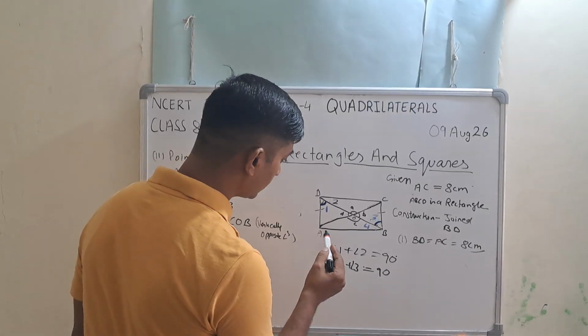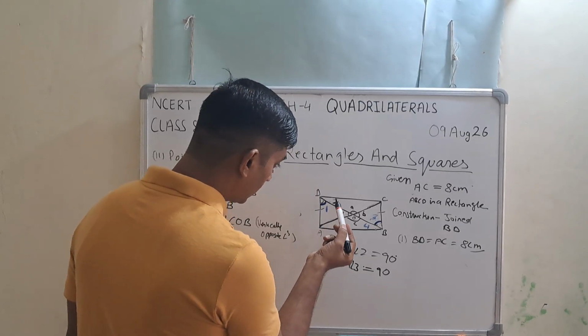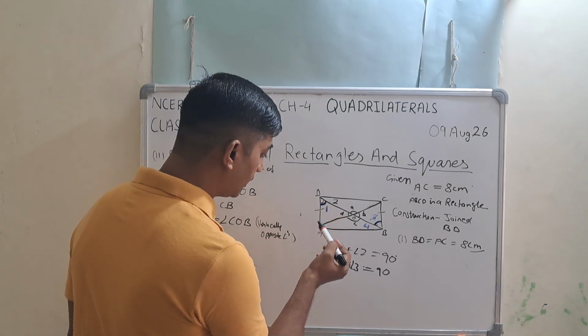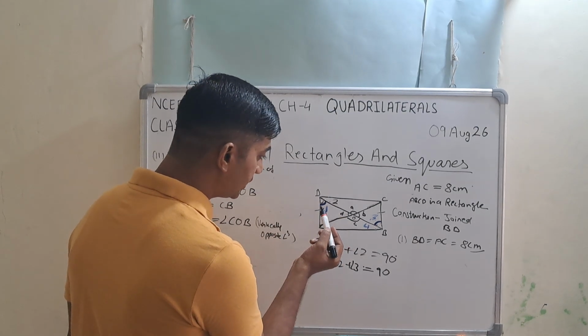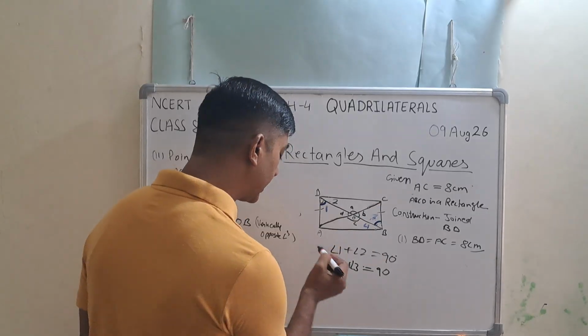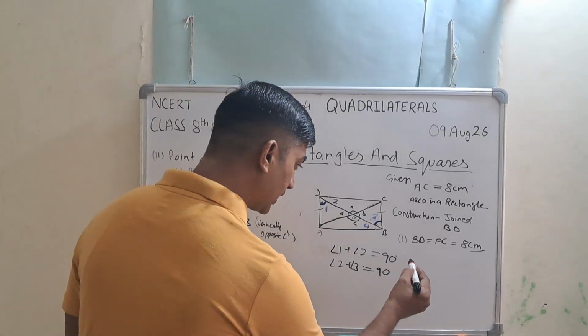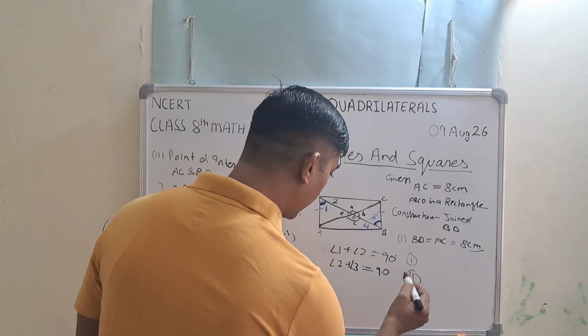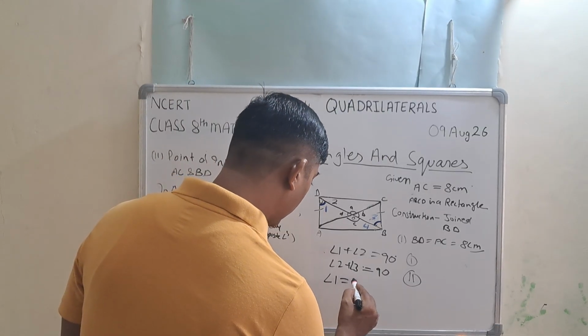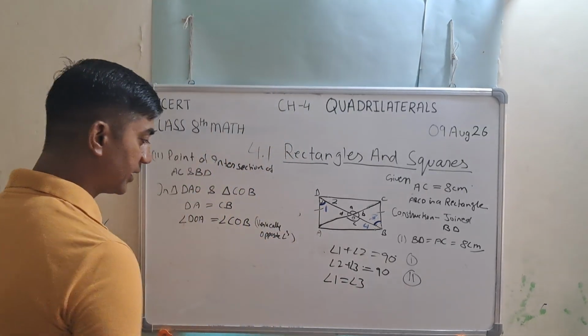And in angle CDA, this is 90 degree. We see that angle 1 plus angle 2 should be 90 degree because this complete angle is 90 degree. And from these we can conclude that angle 1 is equal to angle 3. Understood?